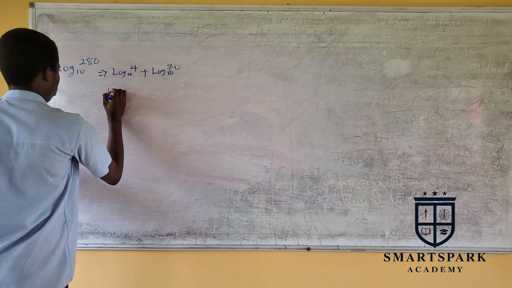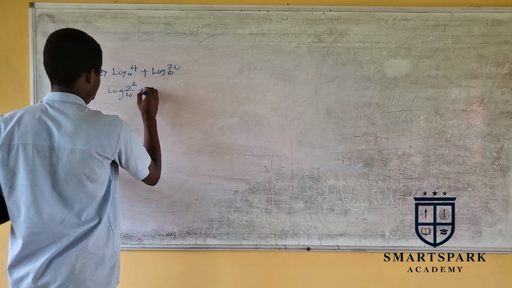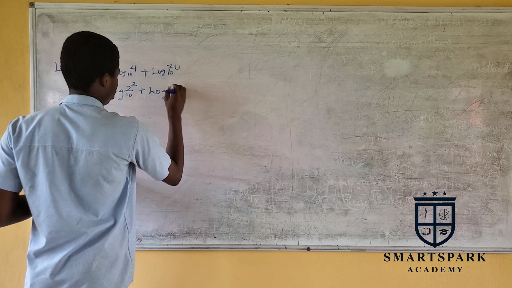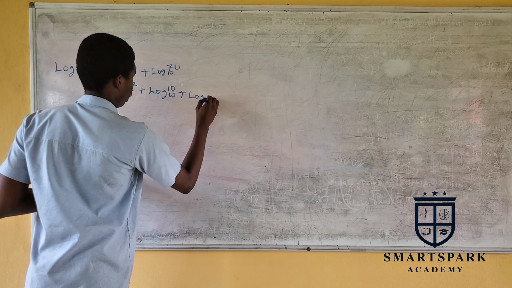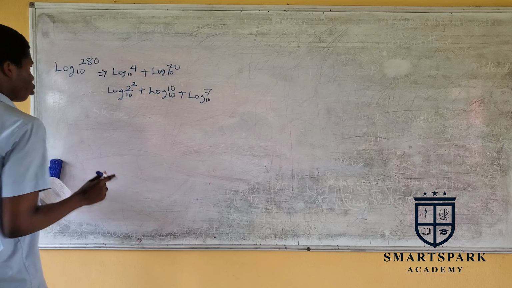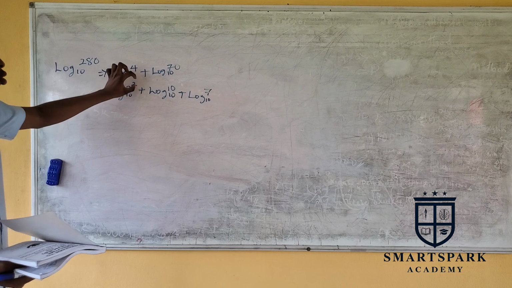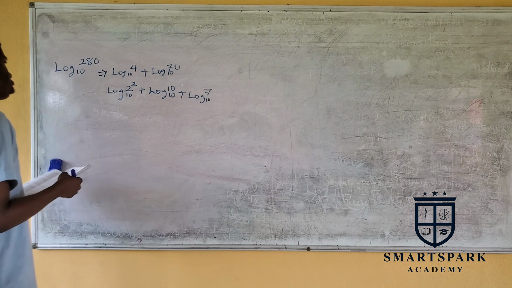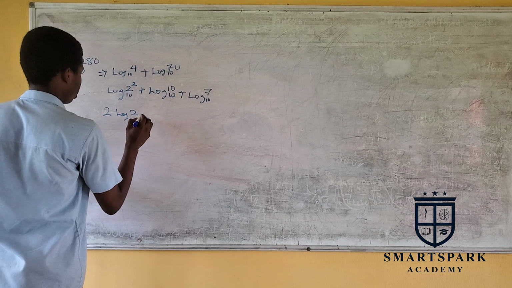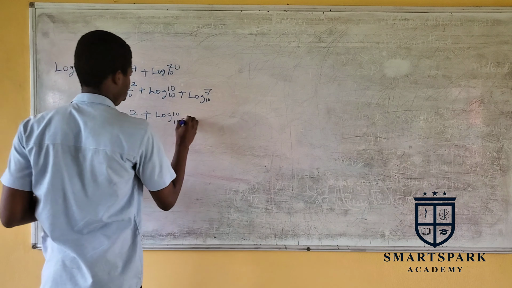So this is log 2 squared plus log 10 plus log 7. If you multiply these, it is also going to give you 70. For indices, if you have a number raised to a power, you can take the power outside. So this is going to be 2 log 2 in base 10 plus log 10 plus log 7.